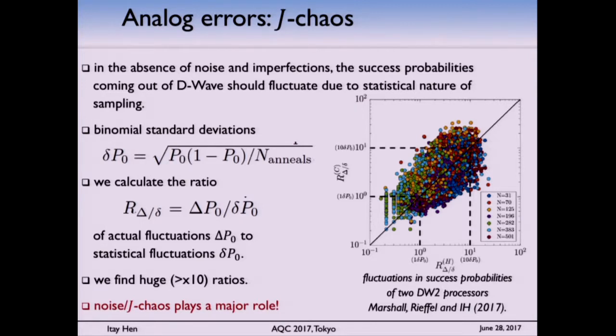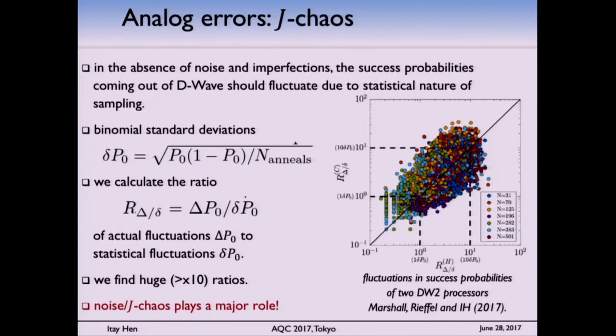And what we get, and this is exactly what you're seeing here, actually for two machines, the NASA machine and the USC machine, is that for most of the instances, the statistical fluctuations were not able to account for the fluctuations in success probabilities.